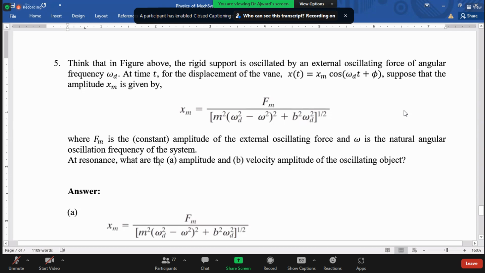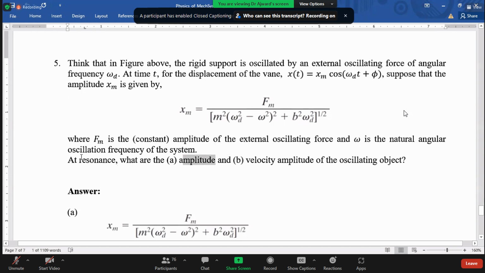At resonance, what are the amplitude and velocity amplitude of the oscillating object? It is asking. So the amplitude at resonance.